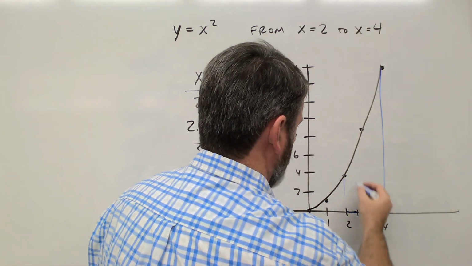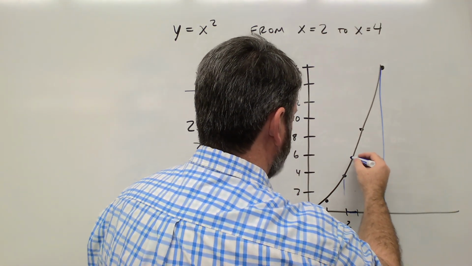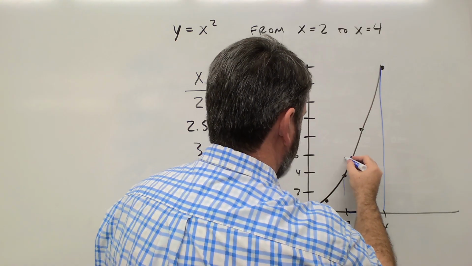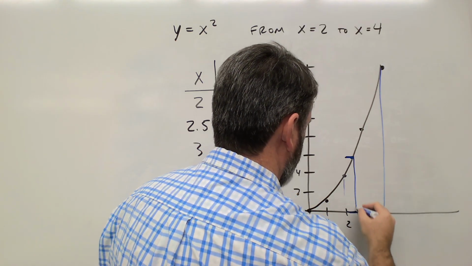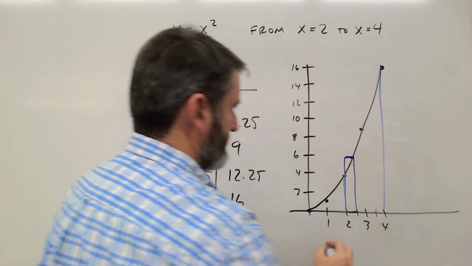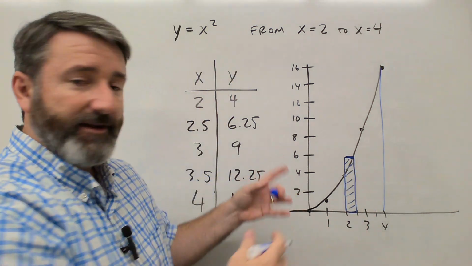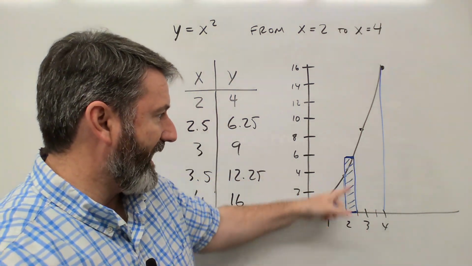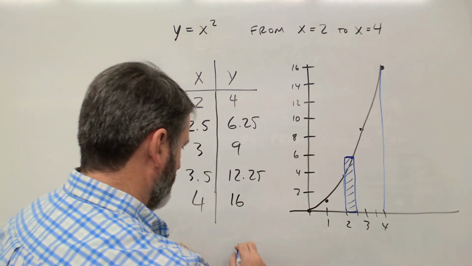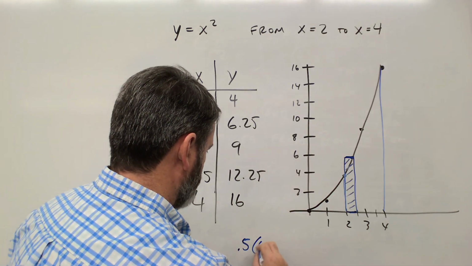So when x is 2.5, y is 6.25. So this first rectangle is going to look like this. And the area of that rectangle is going to be 1/2 times 6.25, so 0.5 times 6.25.